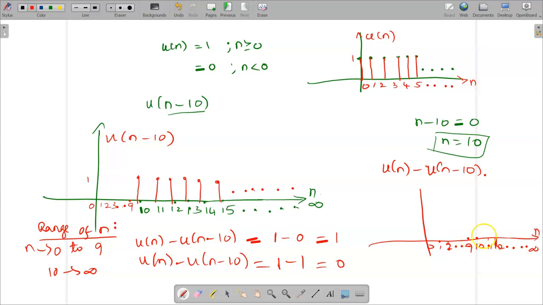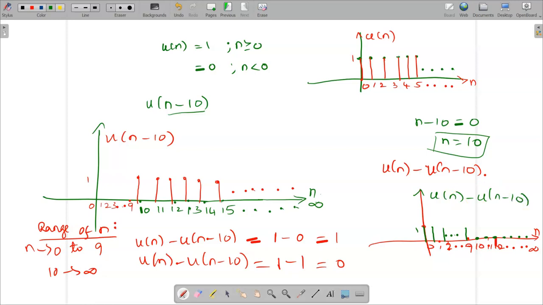For 0 to 9 the amplitude is going to be 1, and for 10 to infinity the amplitude is going to be 0. You don't have any value at all. So this is u of n minus u of n minus 10.